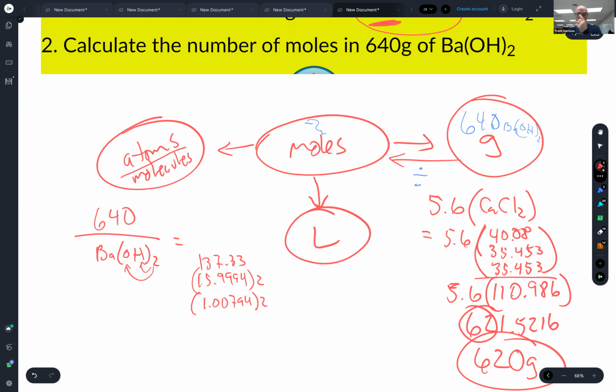Add those together. You get 171.34468, but we need sig figs.